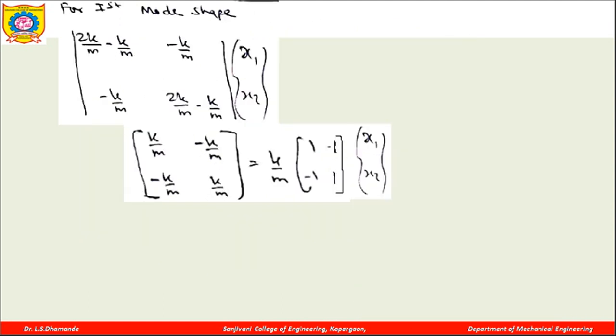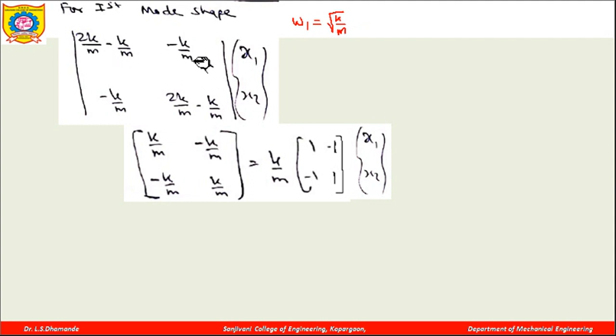And now we will determine the eigenvector. For the first mode shape, we know that omega 1 is equal to the square root of k by m. So I use this value, k by m, for lambda, which is nothing but omega 1 square.